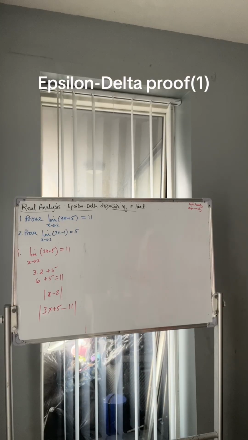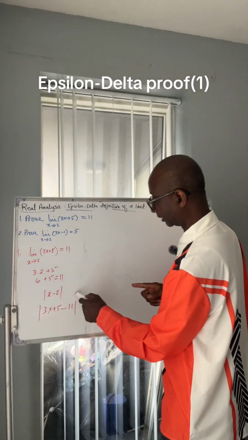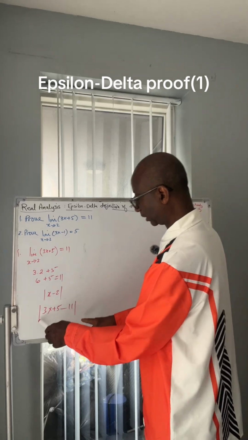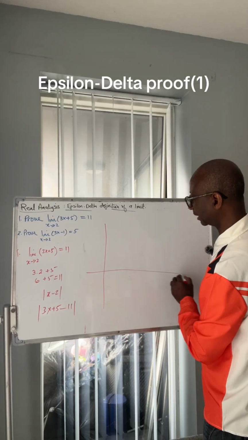No matter how small we make x minus 2, we can make the absolute value of 3x plus 5 minus 11 as small as we want. Remember that graph?